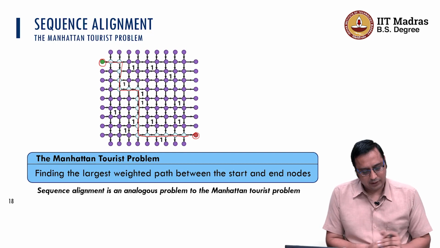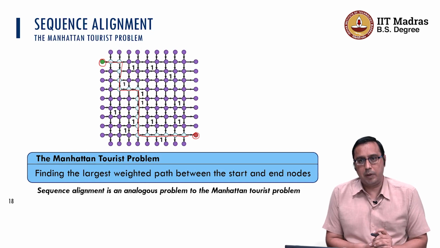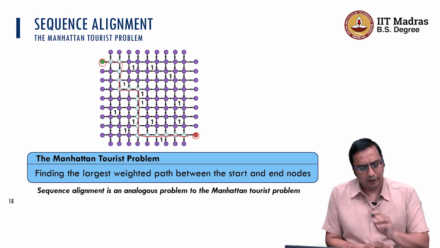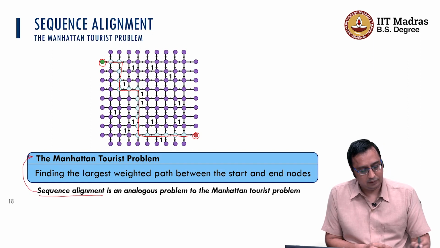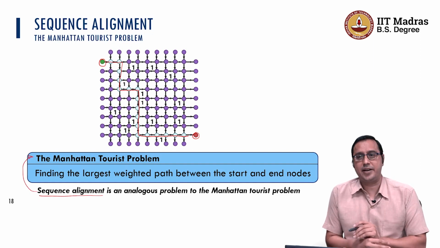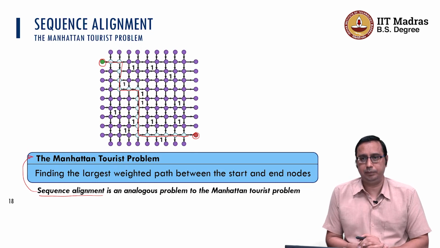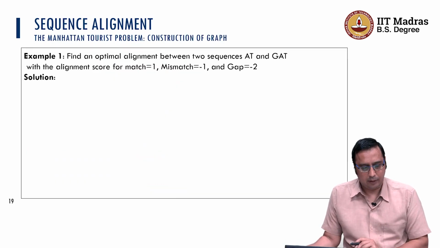Because if you look at the sequence alignment problem, it's an analogous problem to the Manhattan heuristic problem. And what we are going to do is take the sequence alignment problem and try to see whether we can project it to the Manhattan heuristic problem. So let's take an example.